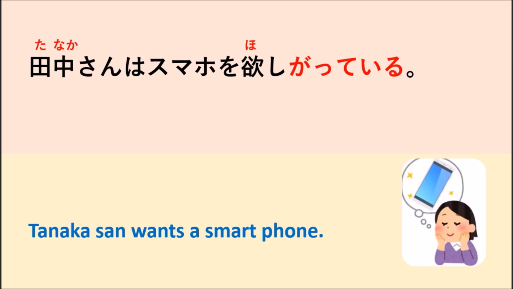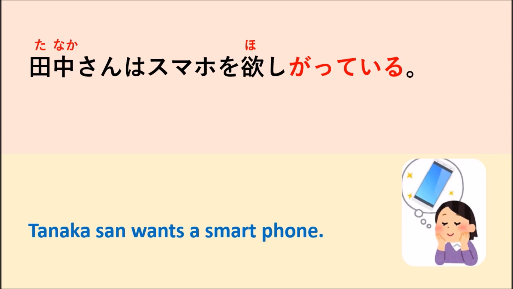So let's see an example here. We have the example 田中さんはスマホを欲しがっている。田中さんはスマホを欲しがっている。It means Tanaka-san wants a smartphone. You will see in the picture that it's just one person, right?